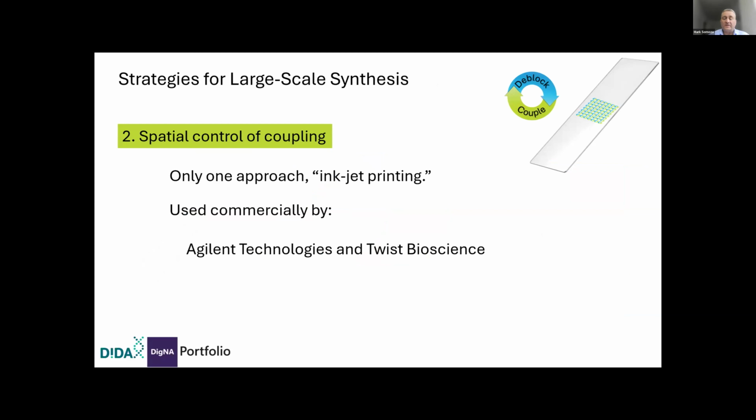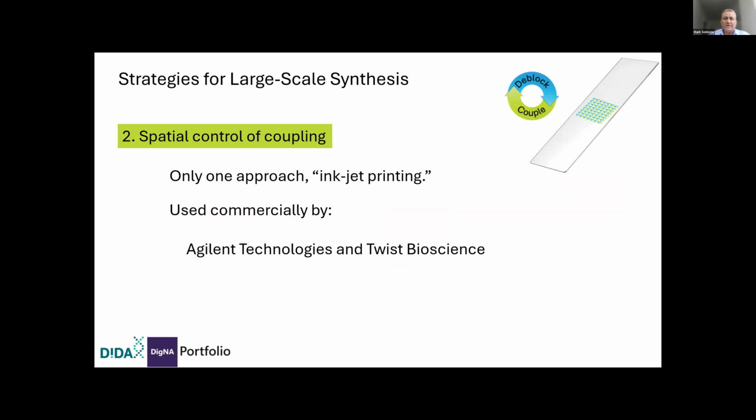In fact, it typically leads to the highest purity of oligonucleotides. This is practiced commercially by Agilent Technologies. Twist was a spinoff, where people from Agilent then formed Twist, and they now sell large-scale oligo pools. But let me tell you about how this works.